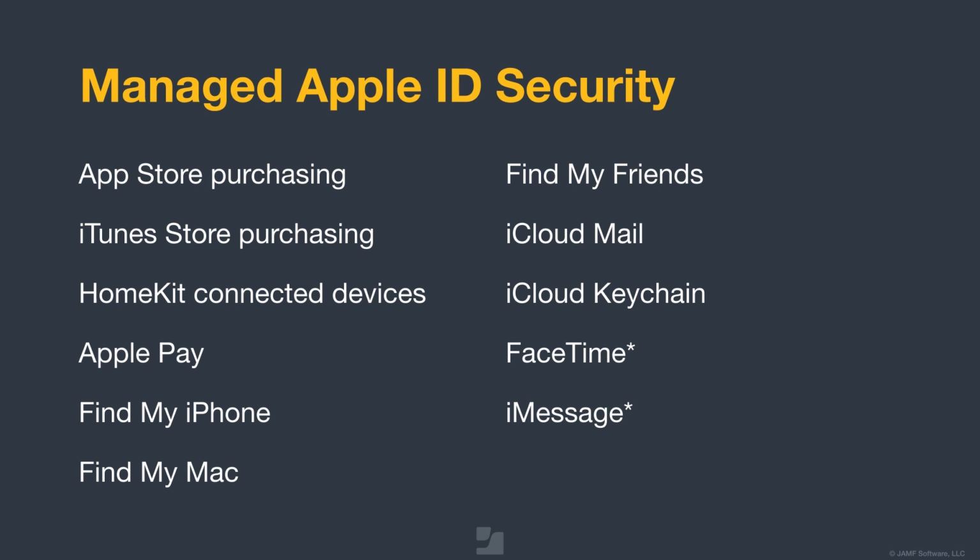I'll point out there are a couple of asterisks at the end of the list here. FaceTime and iMessage are also disabled, but those two can actually be enabled by role, so you could turn those on for faculty and staff, for content managers, device managers, etc. There are some other optional management workflows as well, as it relates to providing a two-factor authentication code if you want someone to be able to use this managed Apple ID on a personal device at home.